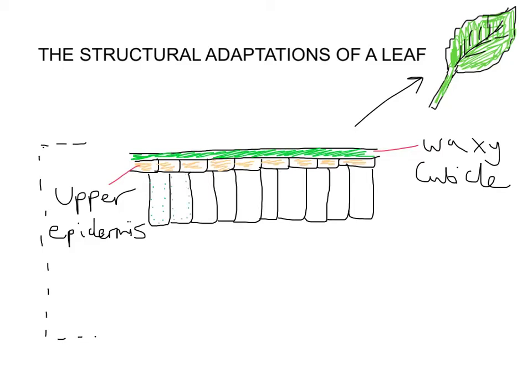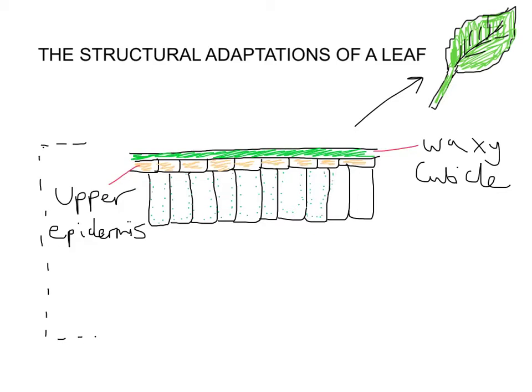You'll notice I've drawn here very long column-like cells, and these little green dots that I'm putting in place around the outside are meant to represent what are called chloroplasts that contain chlorophyll, a pigment designed to trap the sunlight.